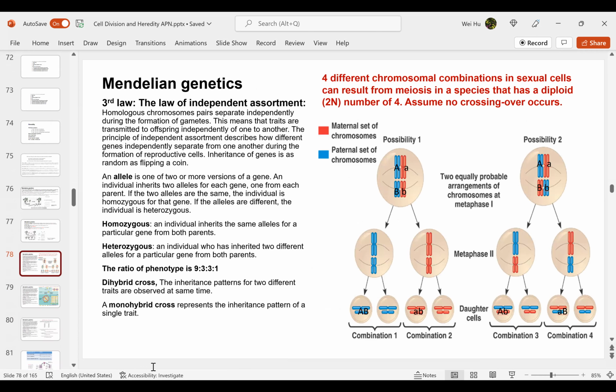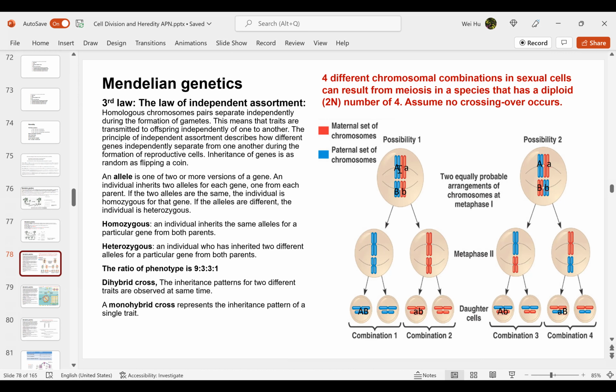So now let's go to the third law. The third law is the law of independent assortment. So we write this one down. I'll show you one more time. Assume that you only have 4 chromosomes, so you have 2 pairs. Let's assume that you have a gene located on each of these chromosomes.